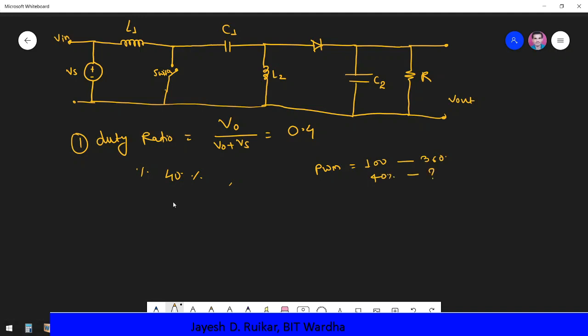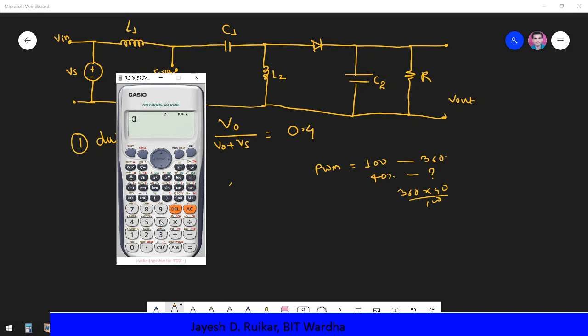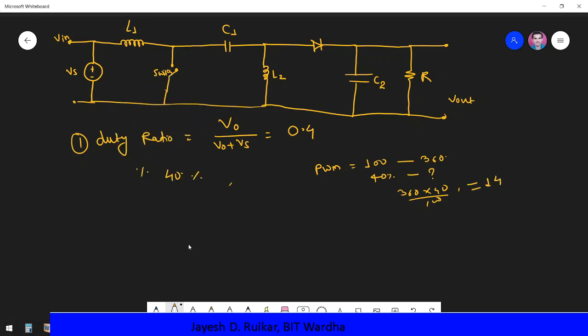So 360 multiplied by 40 divided by 100, and that comes out to be around 144.